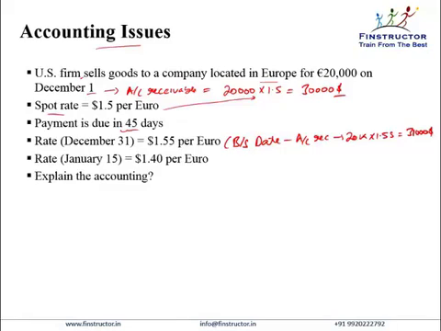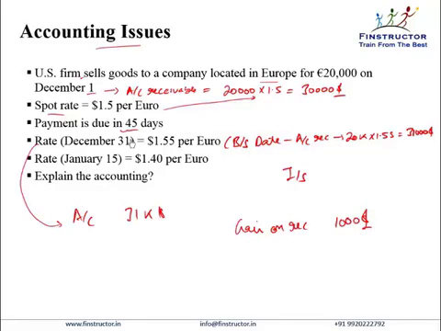So on the balance sheet date, the accounts receivable in US dollar books would be $31,000, and there would be a gain on receivables that will be reported on the income statement to the tune of $1,000.